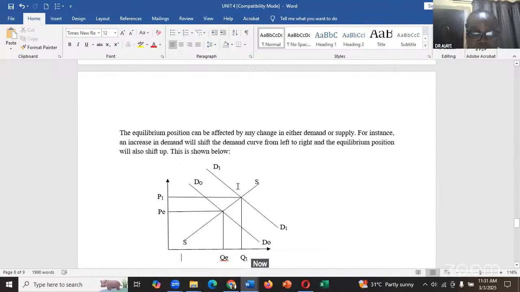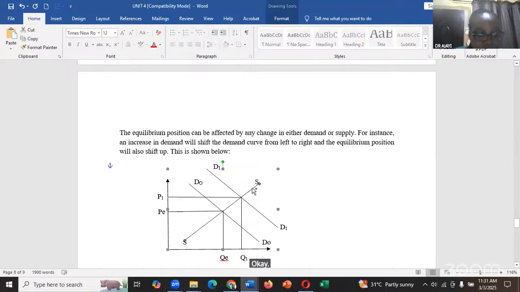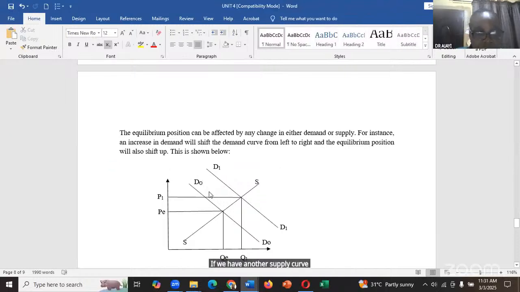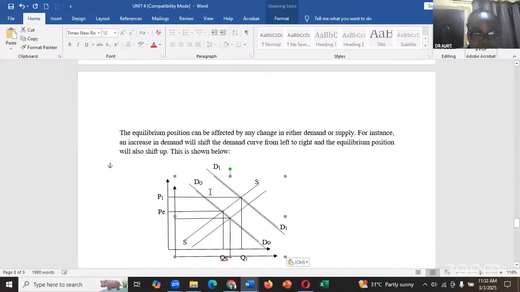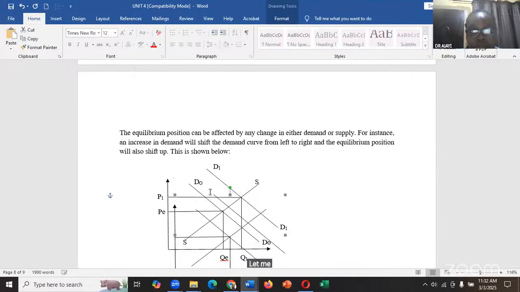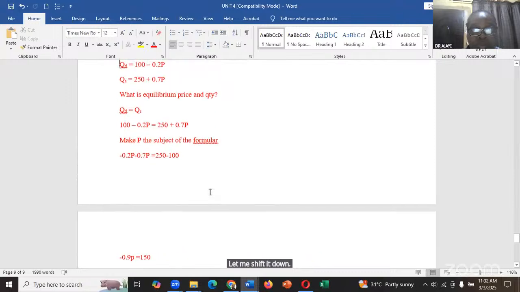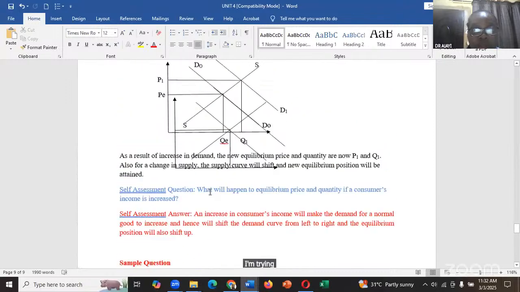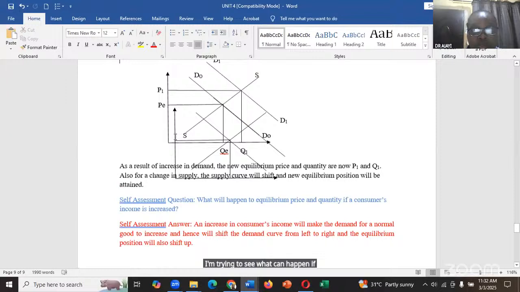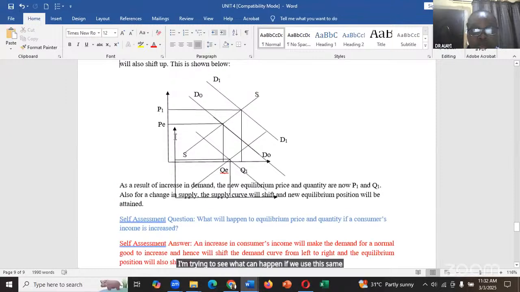Now we have a situation where, let me just copy, if we have another supply curve, let me shift it down. I'm trying to see what can happen if we use this same graph.